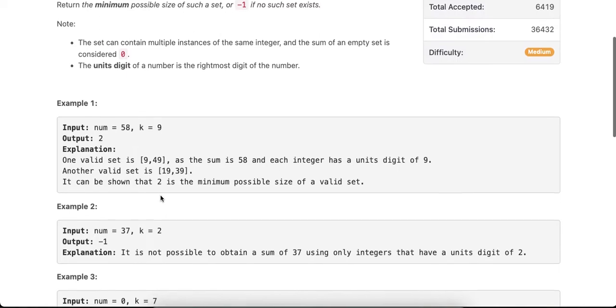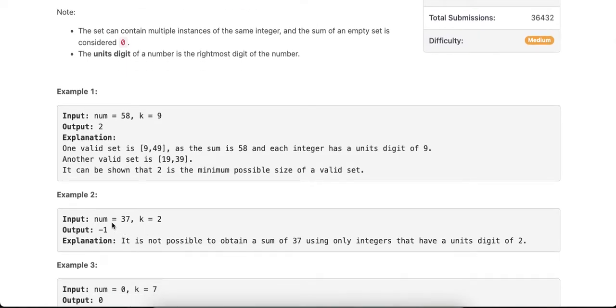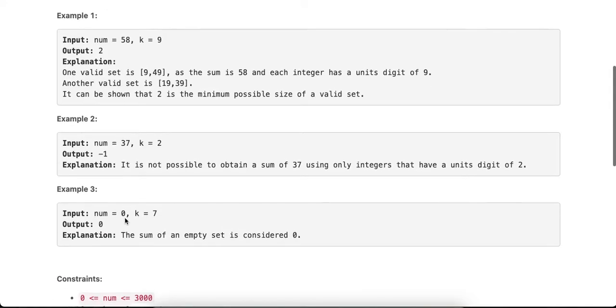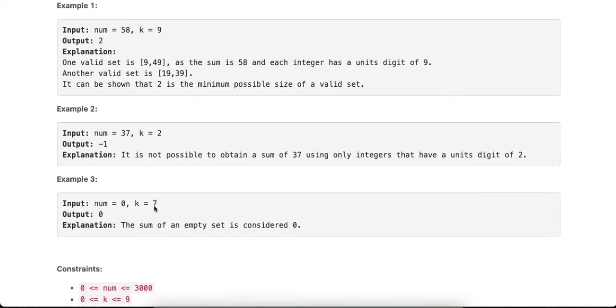So that's about it. For num 37 and k equal to 2, the answer is -1 because there is no way that we can create numbers with last digit 2 that will sum to 37, right? For num 0 and k 7, this is possible because remember just now that the empty set sums to 0.